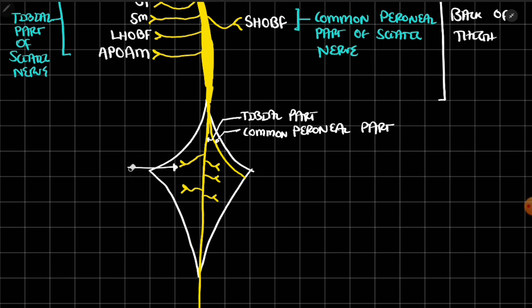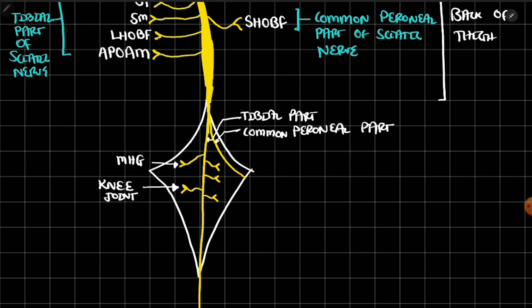This branch is the branch to the medial head of gastrocnemius, and this branch is basically the branch to the knee joint.